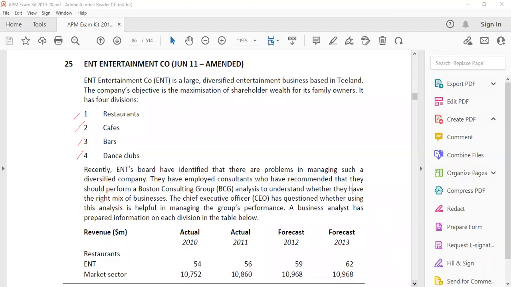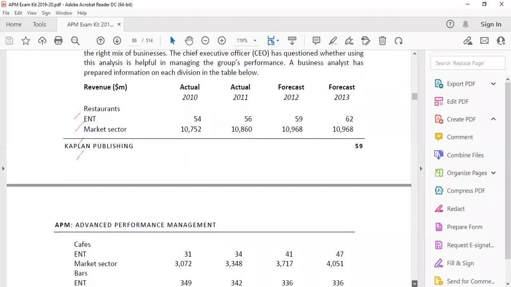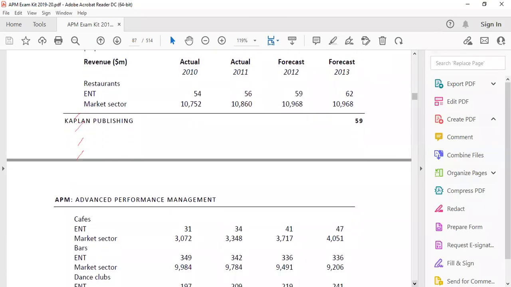So we see revenue is given for the actual years 10, 11, and forecasted years 12 and 13. We see revenue of the restaurants. Under the restaurant category, there are 4 units. That's what we have seen in the previous slide.